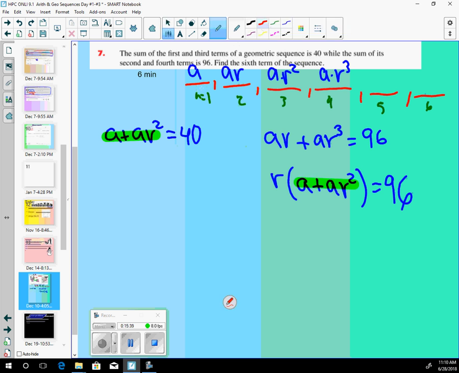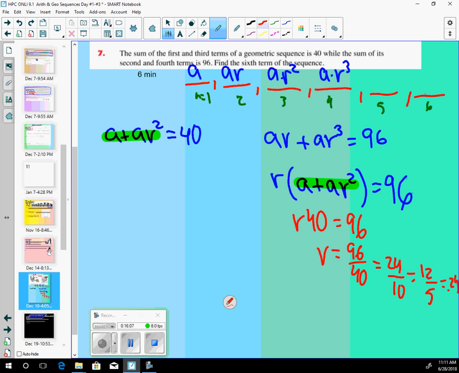We can replace that with 40. So R is going to be 96 over 40. If you divide the top one by 4, you're going to get 24 over 10. And if you take 24 and divide by 2, you'll get 12 over 5. It is 2.4 though, which is kind of convenient.